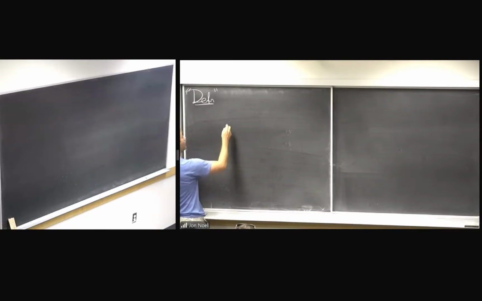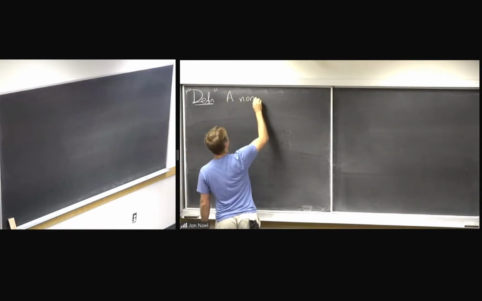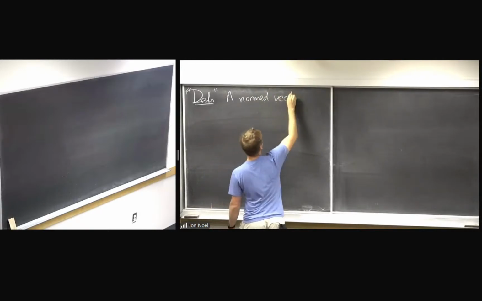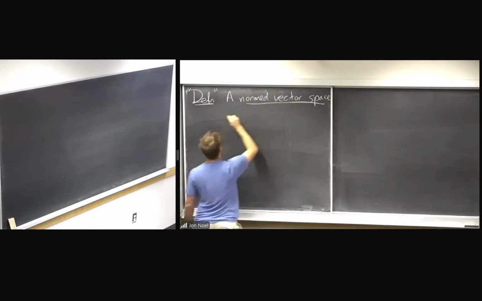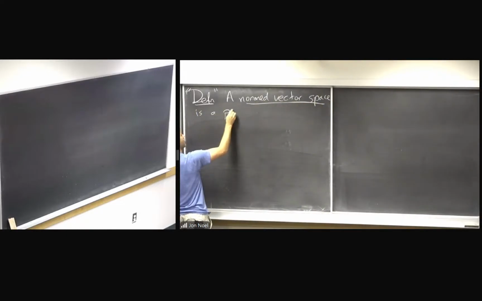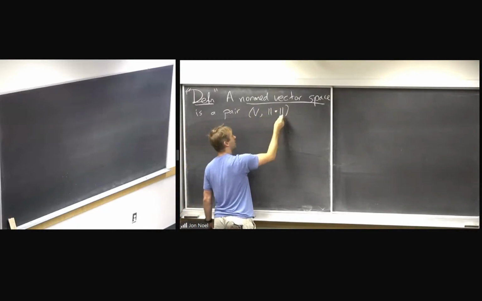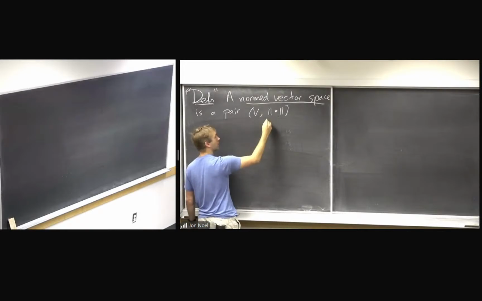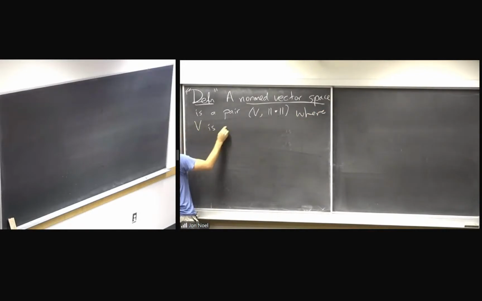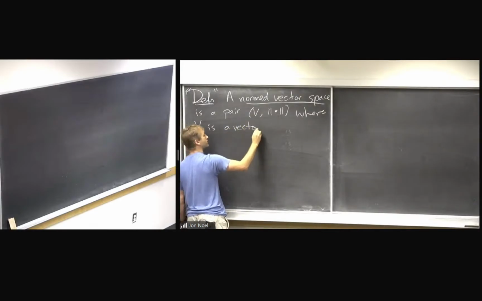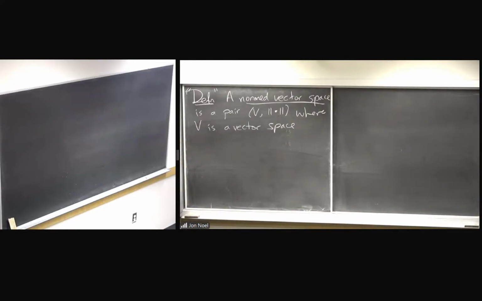So a normed vector space is a pair V, comma, norm function, where V is a vector space, and I literally don't care what dimension it is.